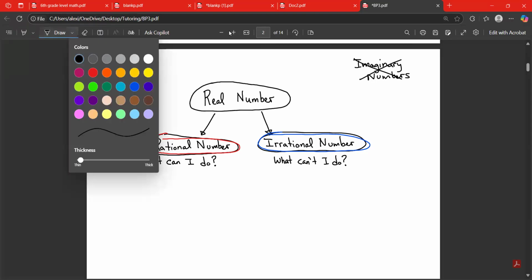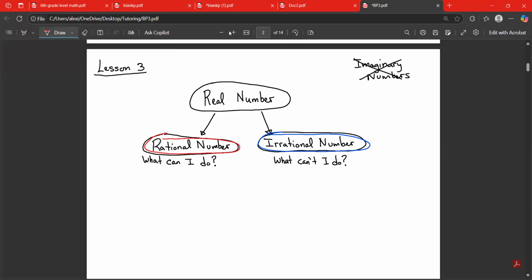And hopefully you're yelling it, screaming it, hollering. A rational number can be written as a fraction. But an irrational number cannot be a fraction.